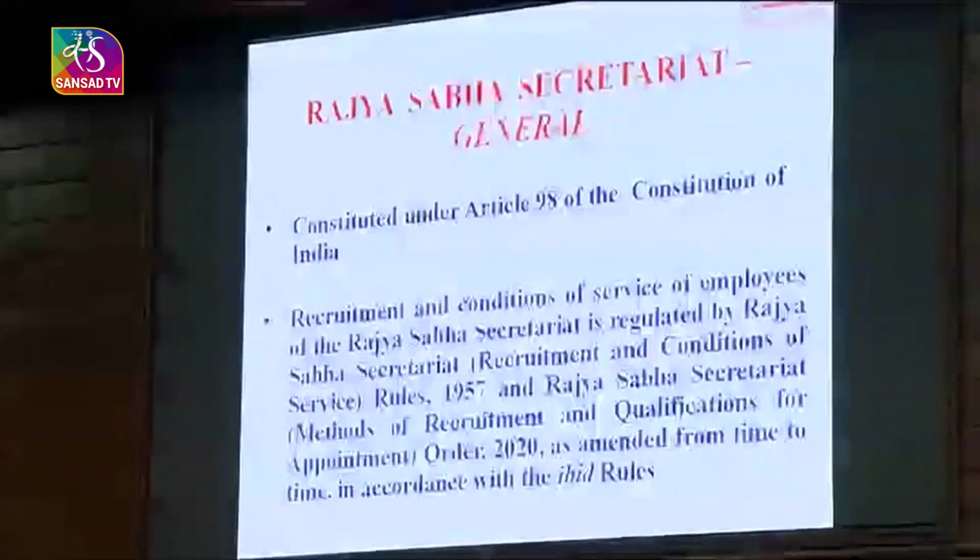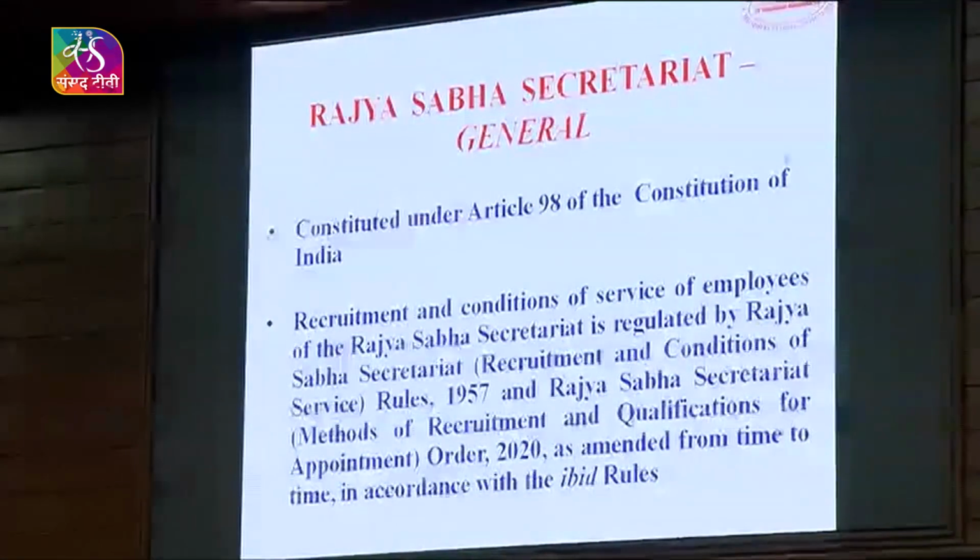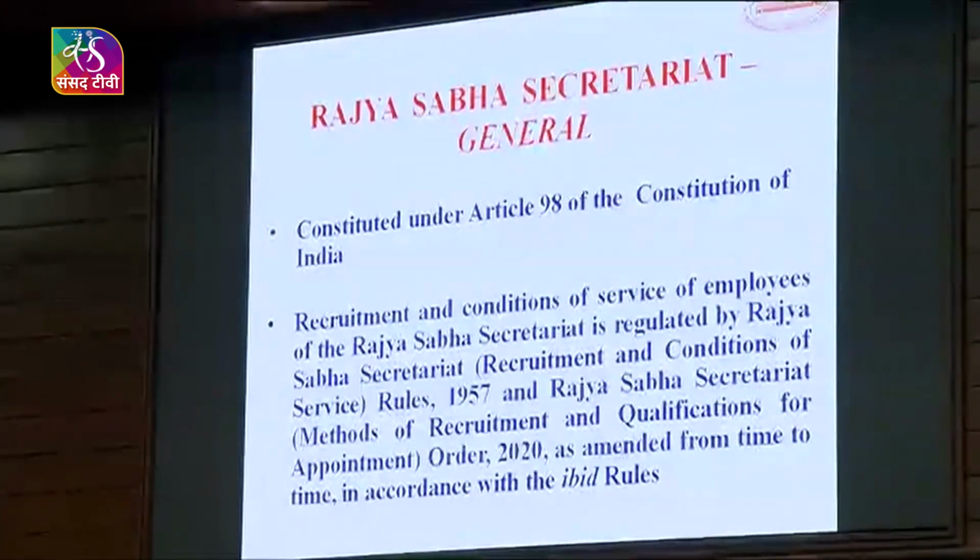So that is the legal basis. The same article also talks about how the officials and the officers in the Rajya Sabha Secretariat, relating to recruitment and conditions of service, are to be regulated.